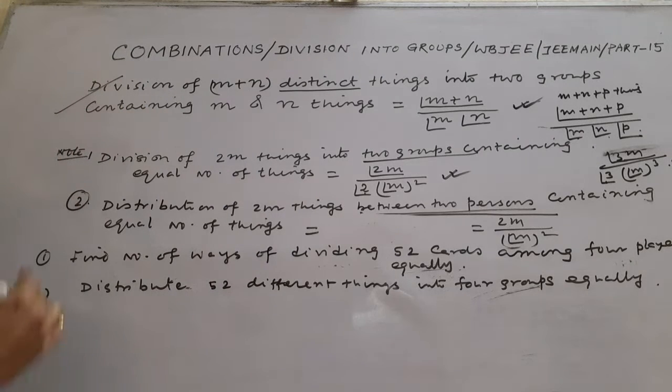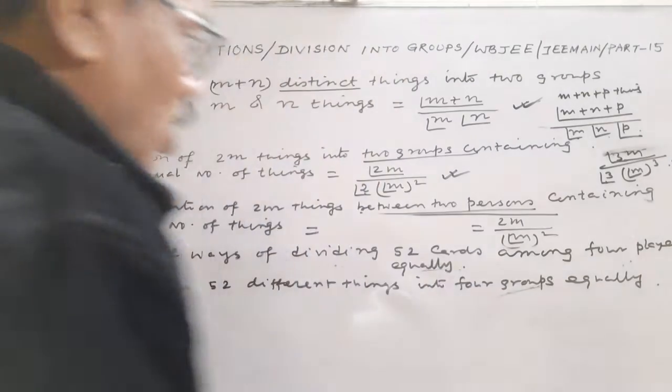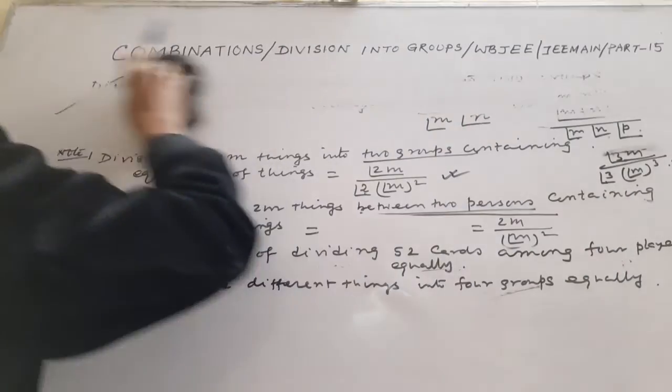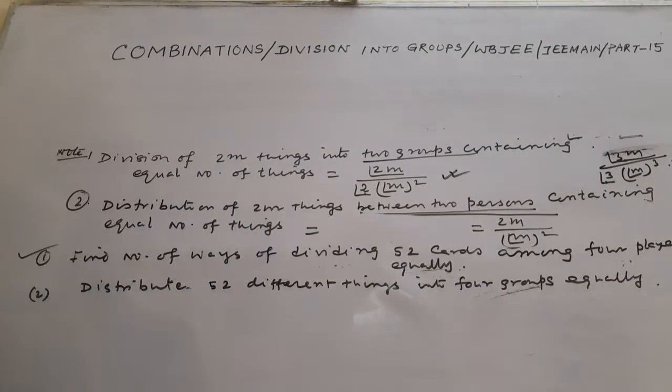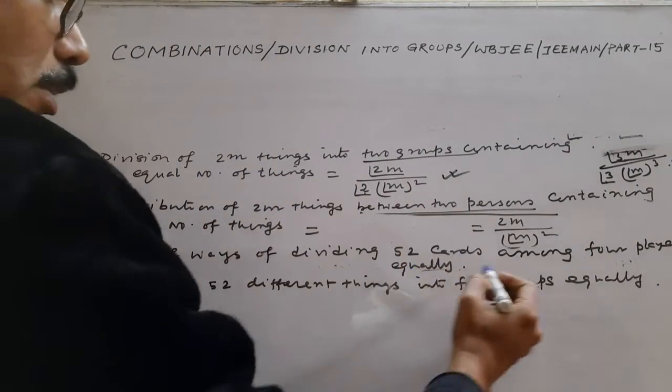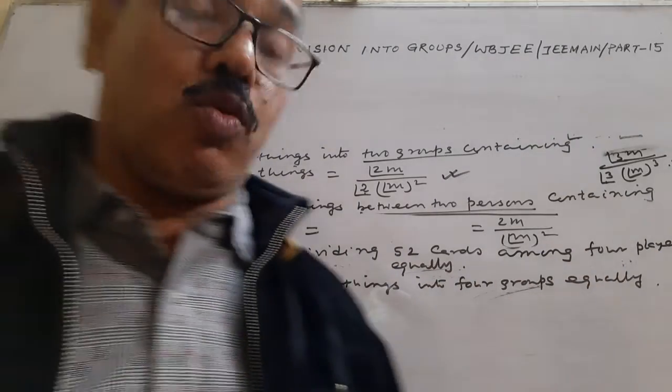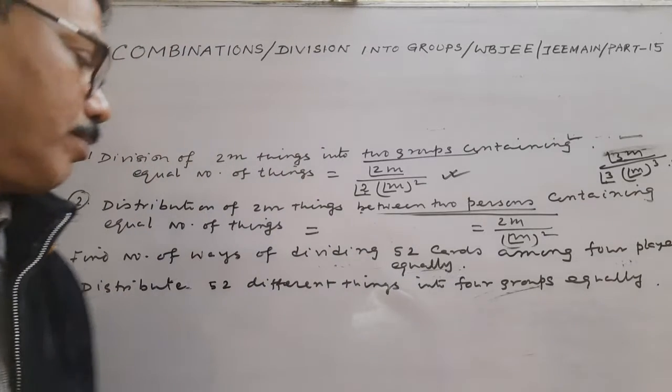So number 1: find the number of ways of dividing 52 playing cards among 4 players equally.